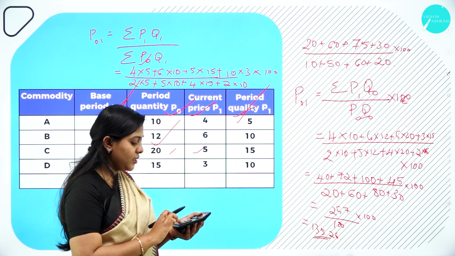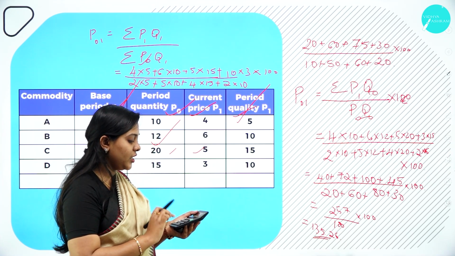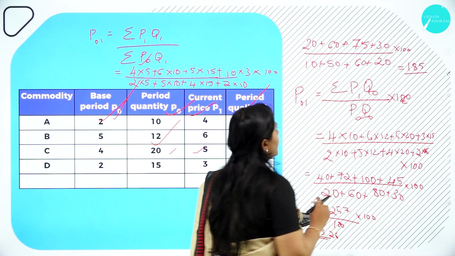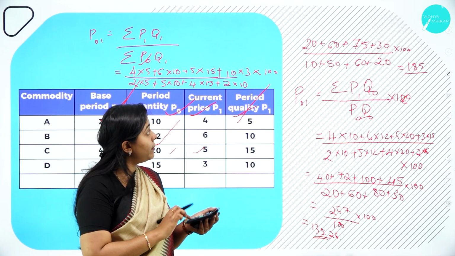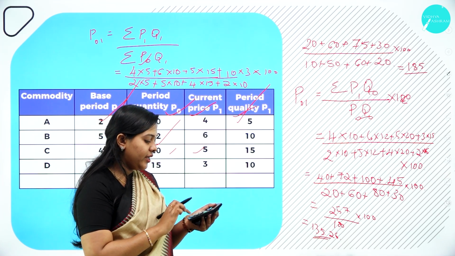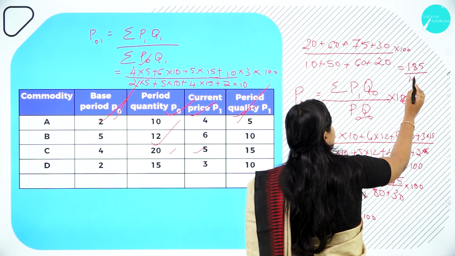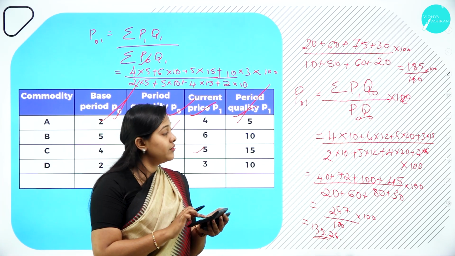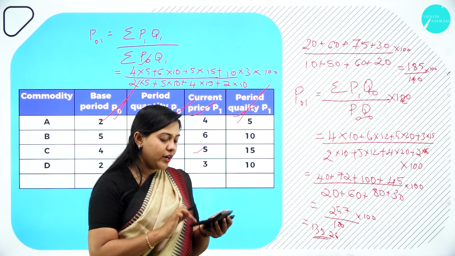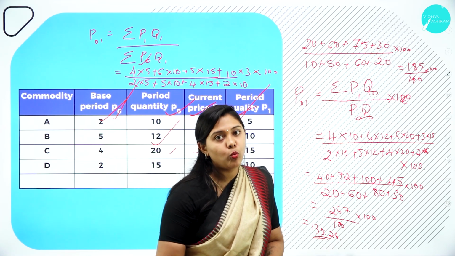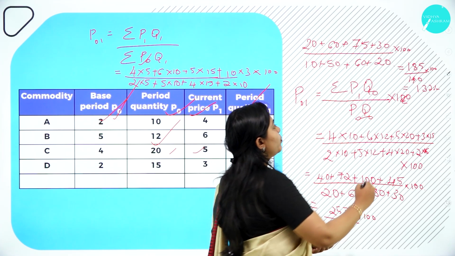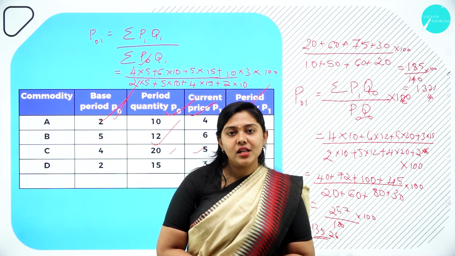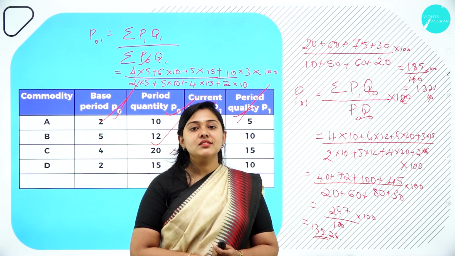So 20 plus 60 plus 75 plus 30 is 185, divided by 10 plus 50 plus 60 plus 20, which is 140, into 100. So 185 divided by 140 into 100 is 132.14. So 132.14 is the answer that we have got.